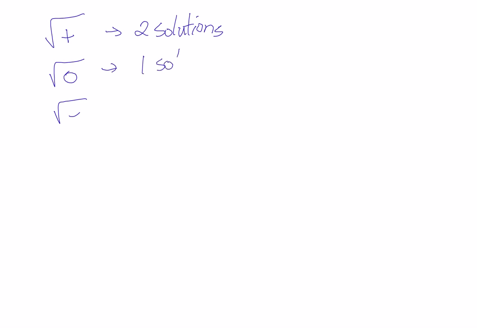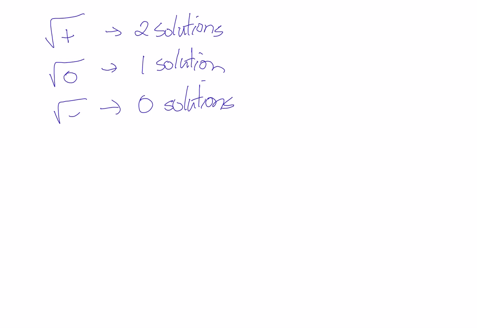So if you look at the last three examples, in the first one we had a positive square root. In the second one, our square root was equal to 0. And in the last one, we got a negative square root. Those are the three possibilities you could always get, and depending on what you get, that'll tell you how many solutions you have. A positive square root gives you two solutions, a 0 square root gives you one solution, and a negative square root doesn't work, so we get 0 solutions.